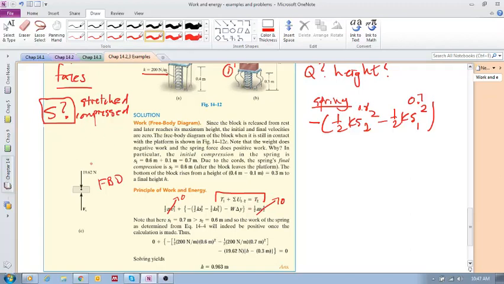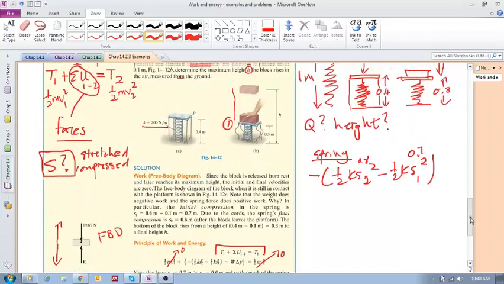Then we've also got work due to the weight. And we know that the particle is moving up, but the force of the weight is acting down. So this should be a negative. So there's a negative work due to the weight. Okay? So we have the weight, which is just this 19.62.